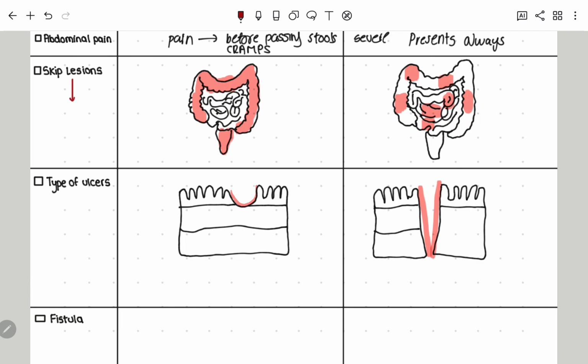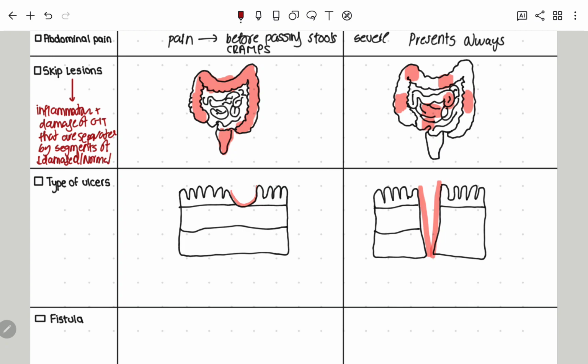A skip lesion in inflammatory bowel disease basically refers to inflammation plus damage of the GI tract that are separated by segments of less affected or absolutely normal tissue.